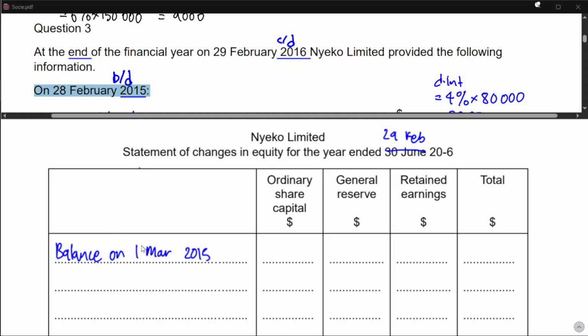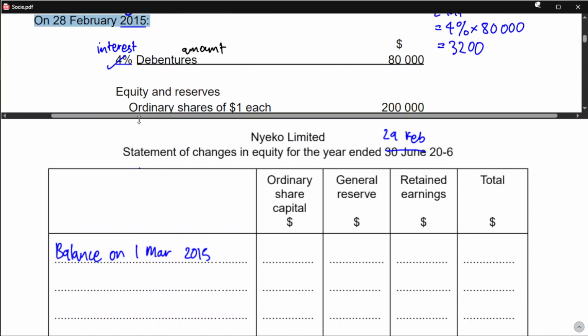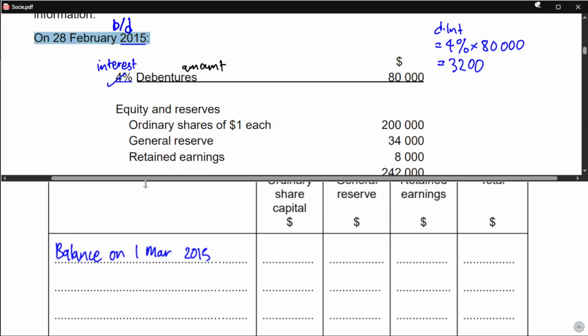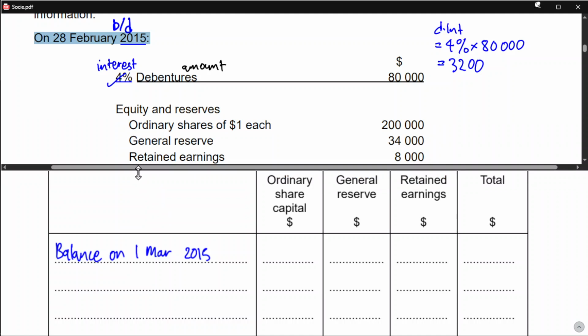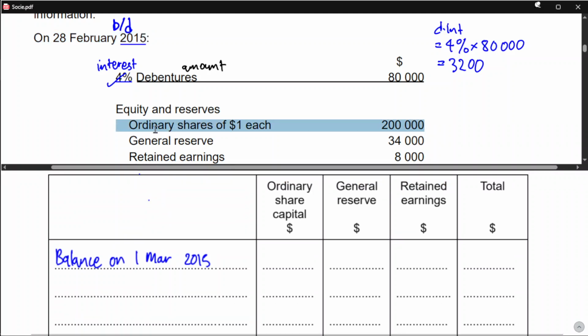It should change the date. So what he wants us to do is, ordinary share is 200k.